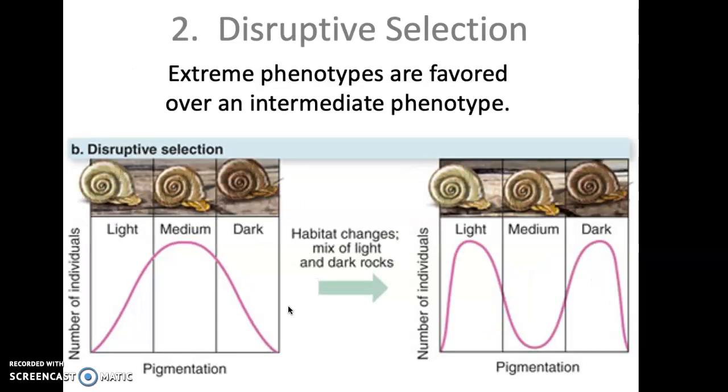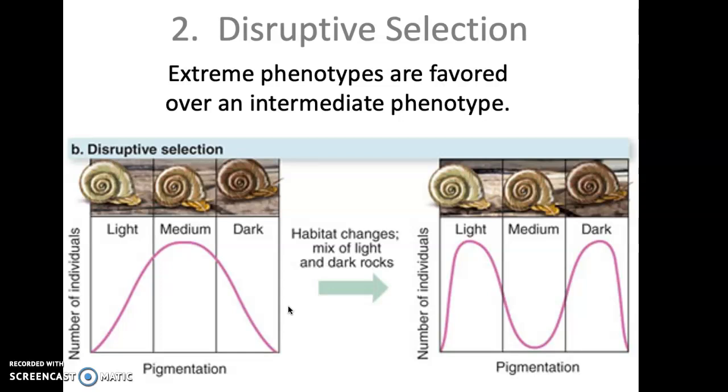Let's go now to disruptive selection. So in this case, you would have extreme phenotypes that are favored. So first you look at the graph that's evenly distributed, where you have some snails, and these are aquatic, that are on rocks close to the water, and some are light, and some are medium, and some are dark. And that's their pigmentation.